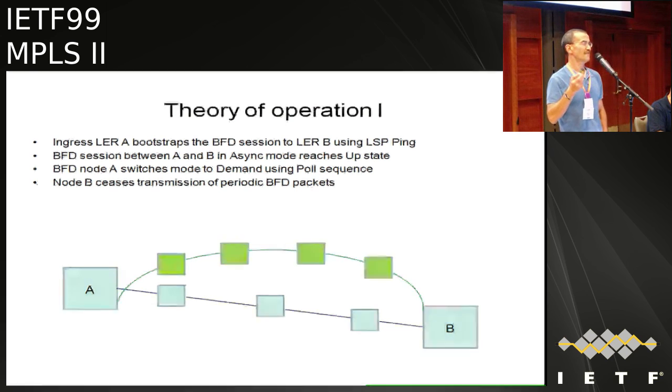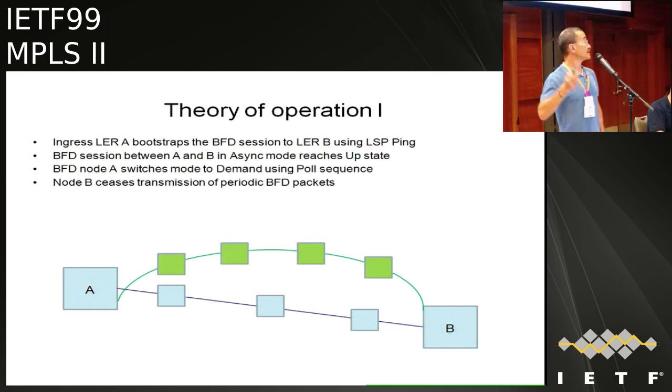It's effectively what we call RDI, I think that we referred to it in the MPLS-TP document, with the RDI bit set with a poll sequence. So that's basically the mechanism.